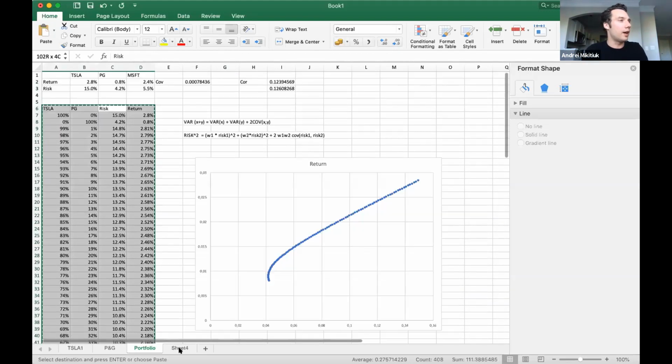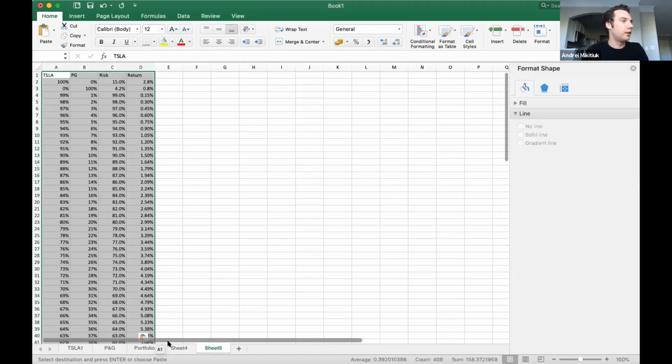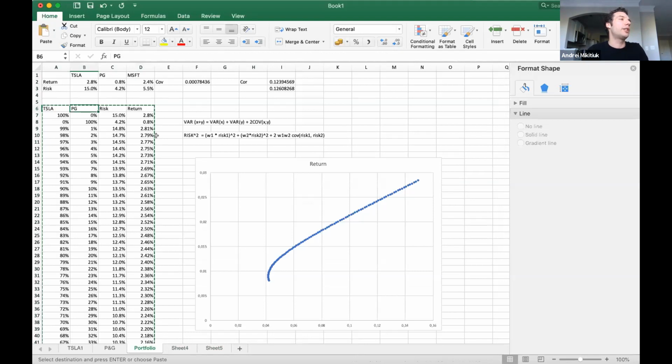So why don't we replace Procter & Gamble with Microsoft? Because Microsoft has similar risk and much higher return.